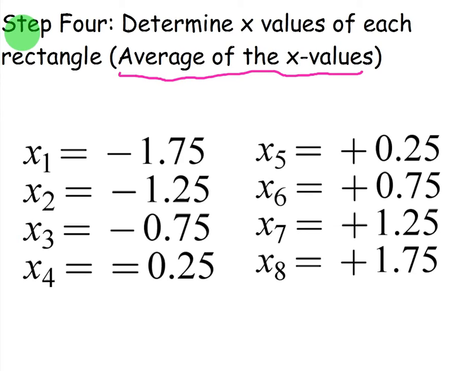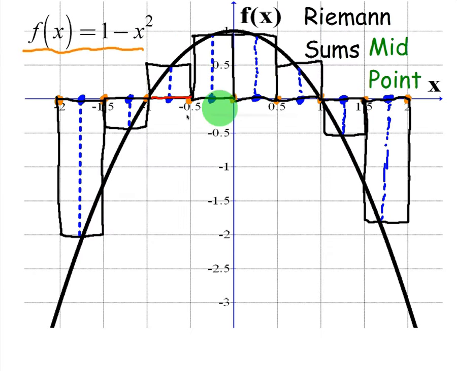Now, step 4 is going to be different. You're going to basically average your x values. To determine the x value of your rectangles for your midpoint, you can write out all of these x values: -2, -1.5, -1, -0.5, 0, 0.5, 1, 1.5, and 2. You'll just have to average each pair.